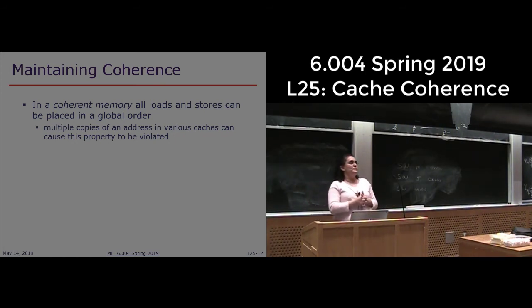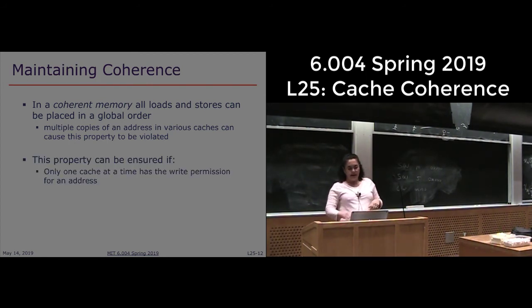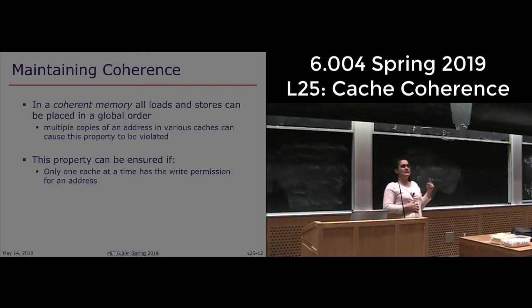So the first thing we learned is that in a coherent memory, all loads and stores have to be placed in a global order, right? And by having multiple caches, if multiple caches have the same address in their cache, then you have the possibility of getting into a situation where you have one value that's stale and not the most recent updated value. And so we're going to ensure that this doesn't happen by making sure that only one of our caches has write permission to a piece of data at any point in time, okay?